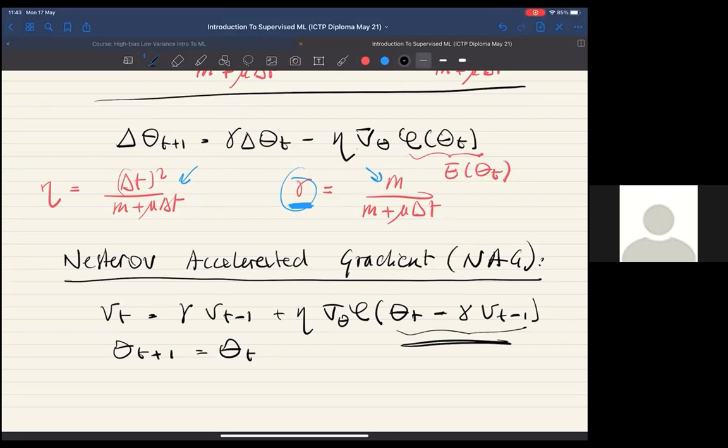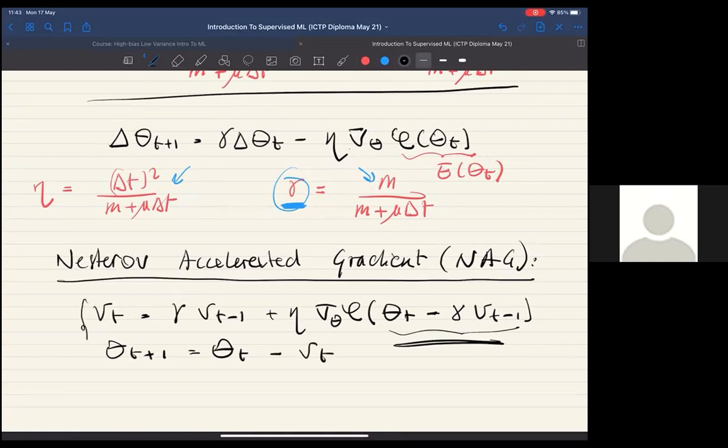Again, the minus here is a convention. We call velocity minus the velocity. So you are not computing the gradient at the position where you are at time t, but you are looking at the position where you would be if you were continuing your actual dynamics for an additional unit of time, and you compute the gradient at this position.